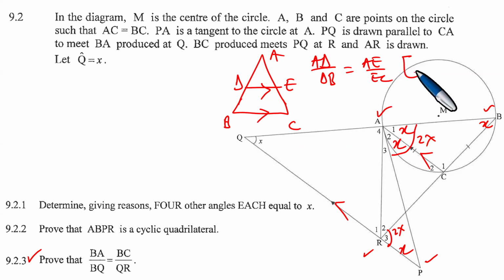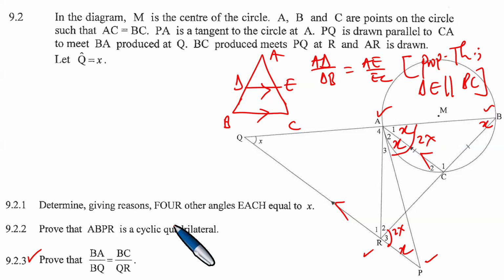It is the case because DE is parallel to BC, and this is the proportionality theorem. Normally this is how we write it: you just say the reason, proportionality theorem, why, and then you put a semicolon there, and you then say DE, for instance, is parallel to BC, like that.